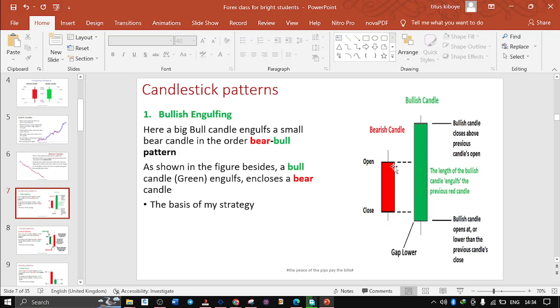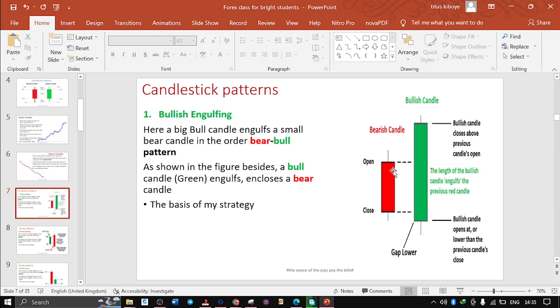In future, I will tell you when to buy and when to sell after seeing this pattern form. Just in case you've been selling down and you see this pattern form, you can prepare to exit the market.